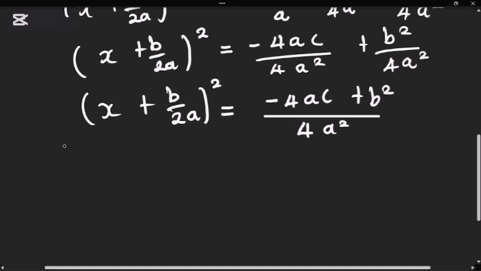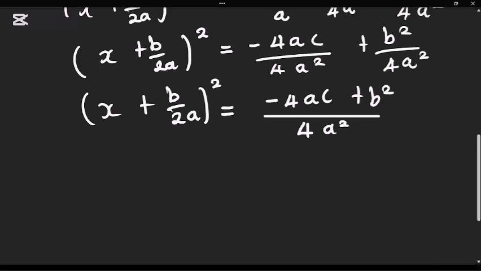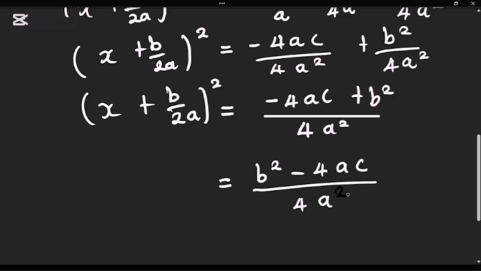So to remove the power 2 on our left hand side, we have to introduce the square root on both sides. But before introducing the square root, let us fix our right hand side and write b squared minus 4ac over 4a squared. So let's just put back our left hand side.